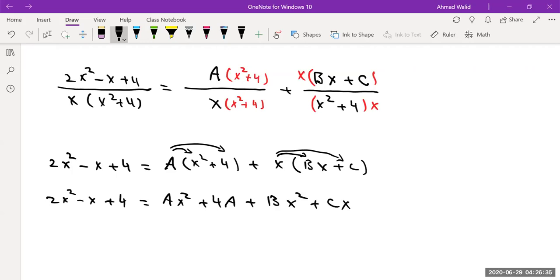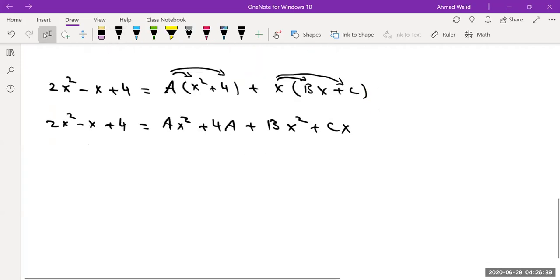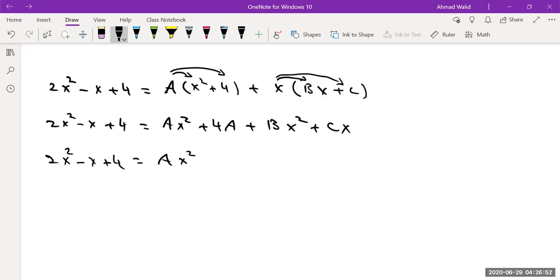plus Cx. If you remember from case 1 and case 2, the terms that have a square, I'll bring them together. Actually, I'll organize the right side: 2x squared minus x plus 4 equals Ax squared plus Bx squared, and after that I'll put Cx, and plus 4A.